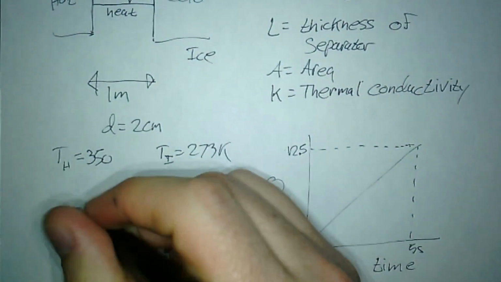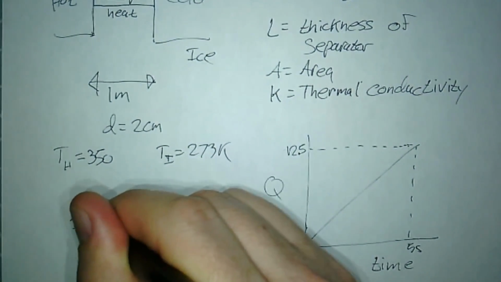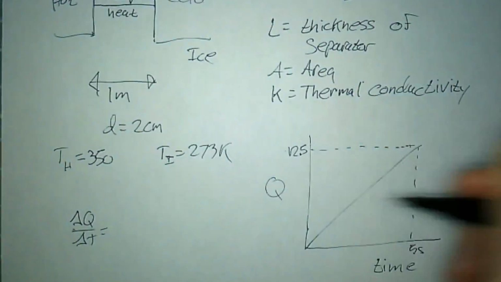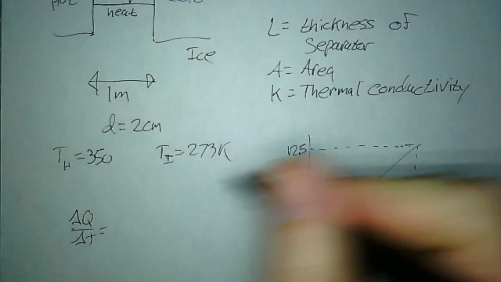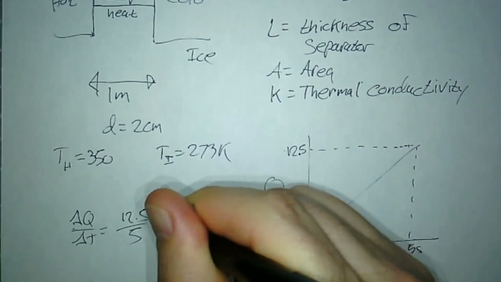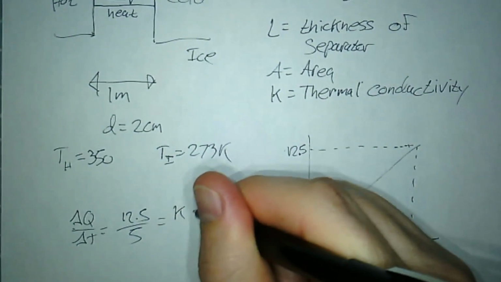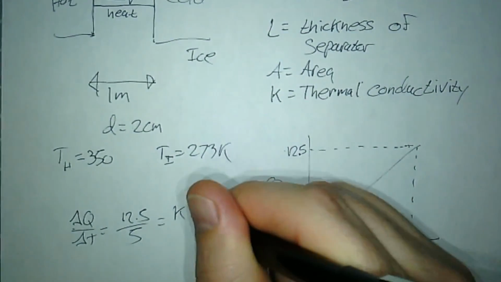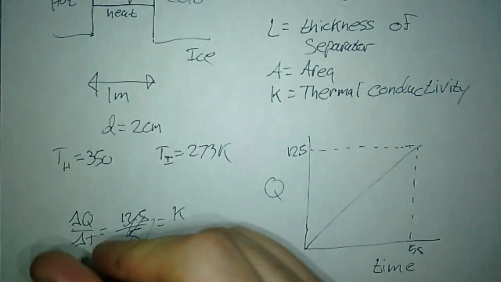Well, I know that delta Q over delta T, the slope of that thing, is ballpark 12.5 over 5. And I know that's going to equal K times, well, I guess let's just solve for K first.